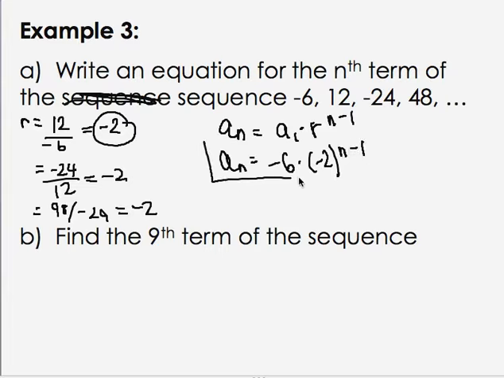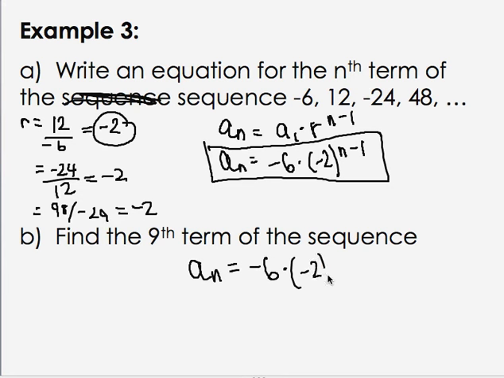And there is my formula. I can then use that to find the 9th term of the sequence. A sub n is equal to negative 6 times negative 2 to the power of n minus 1. And in this case, I want to use n is equal to 9. So a sub 9 is equal to negative 6 times negative 2 to the power of 9 minus 1.